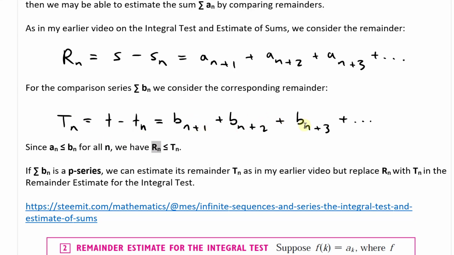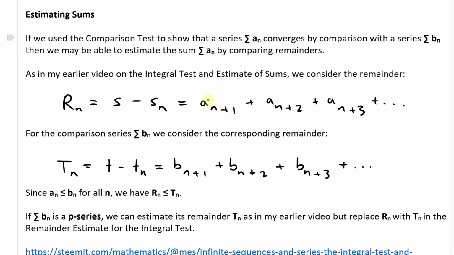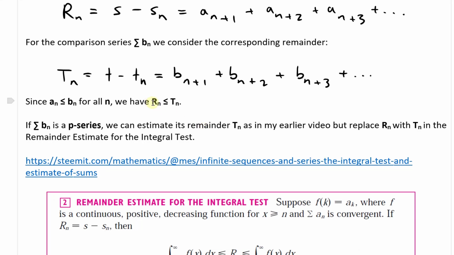We're assuming we used the comparison test to show that this converges, because it is a convergent comparison series Bn. So all the An terms are less than all the Bn terms. Thus the remainder itself is going to be less than the remainder for the comparison series. So Rn is less than or equal to Tn.